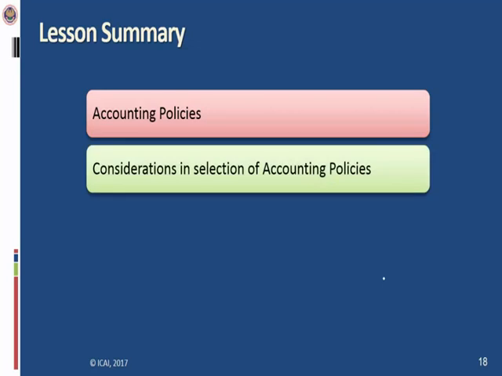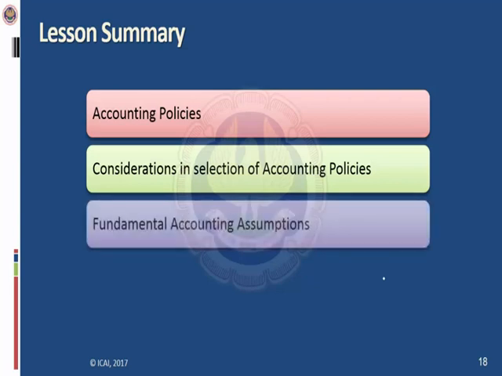So what are the considerations in selection of accounting policies? The prime consideration is that the accounting policies which the entity is going to select should support in presenting a true and fair view, and in supporting to present a true and fair view of the financials, there are three considerations. One is prudence, the second one is substance over form, and third one is materiality.